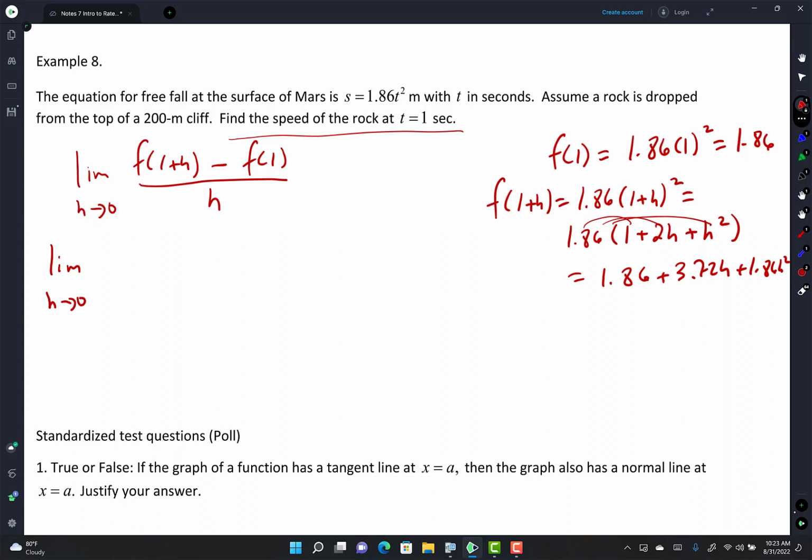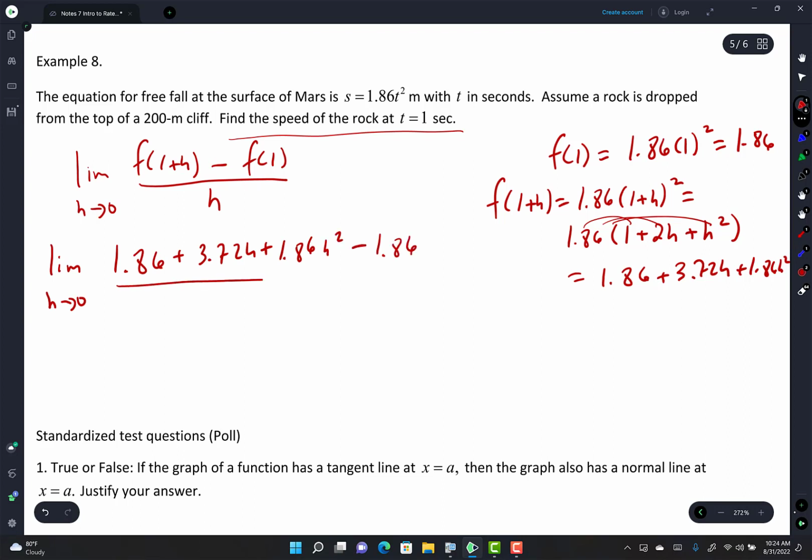Here we go. Limit as h approaches 0, 1.86 plus 3.72h plus 1.86h squared minus 1.86, all divided by h. Let's zero out some stuff. The 1.86 zeroes out. Can I factor out an h? So here we go. One more limit. Limit as h approaches 0.